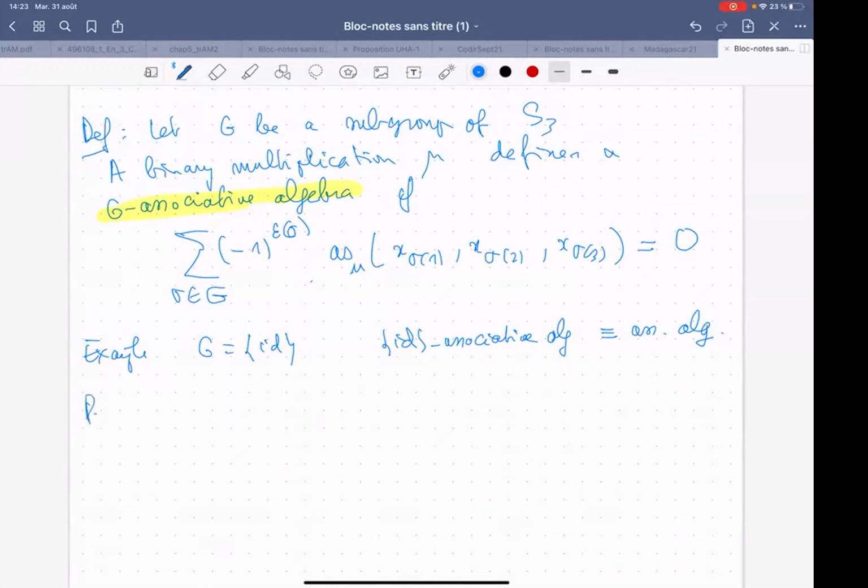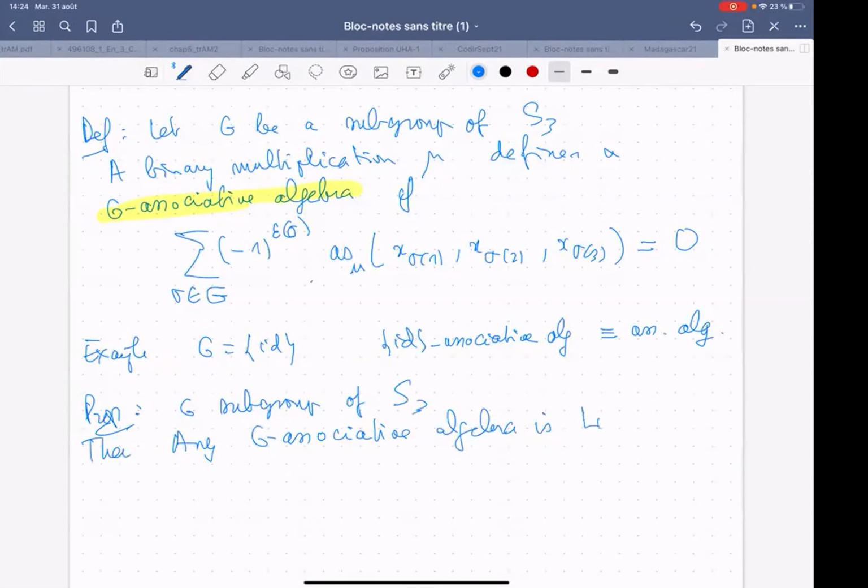Then the proposition: with G being a subgroup of S3, any G-associative algebra is Lie admissible.